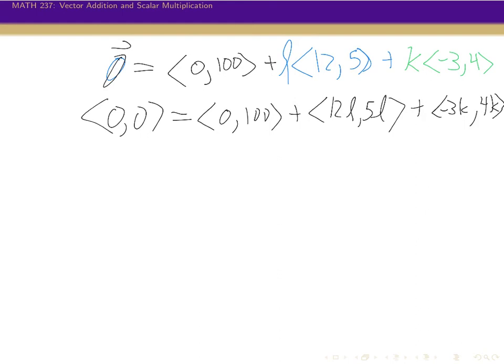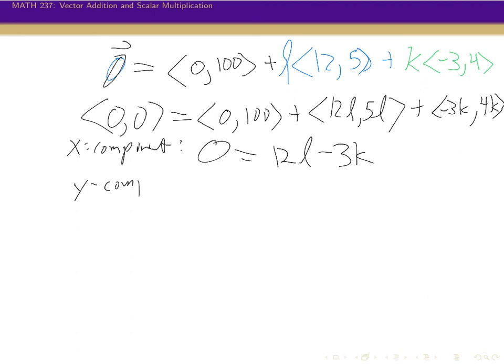Okay, so we can focus in on this component by component. The (0, 0) on the left-hand side isn't going to do much. If we look at the x component, we have 0 equal to 12L minus 3K. For the y component, we have 0 is equal to 100 plus 5L plus 4K.